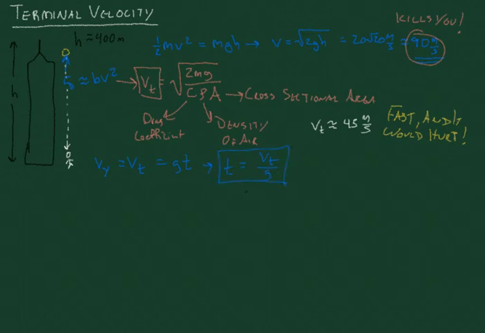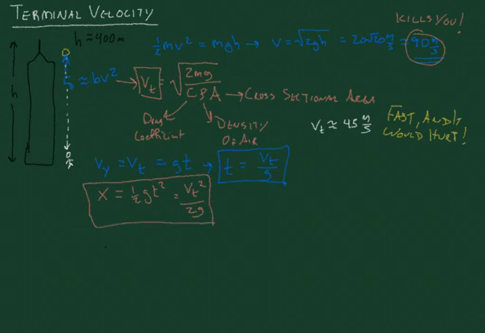The distance to reach terminal velocity, x, is just 1/2 gt squared, so vt squared over 2g. This is the distance it takes to reach terminal velocity.